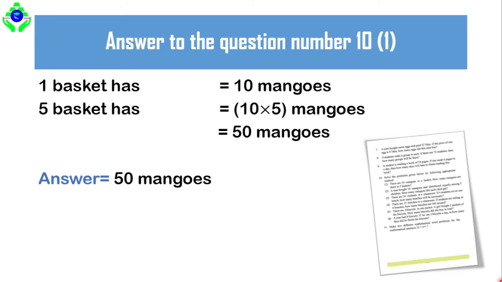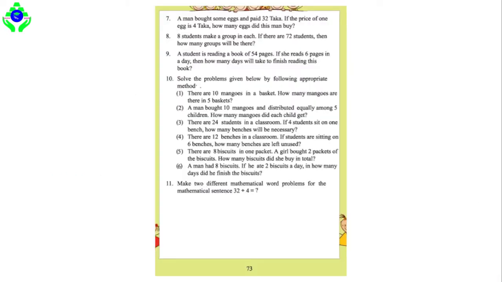Now if we see the solution of question number 2, it is like this: a man bought 10 mangoes and distributed them equally among 5 children. How many mangoes did each child get? So here you can see a man bought 10 mangoes, and now he wants to distribute the mangoes among 5 children.